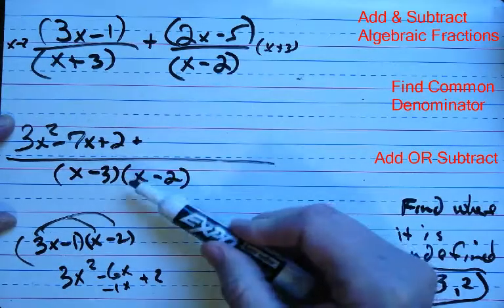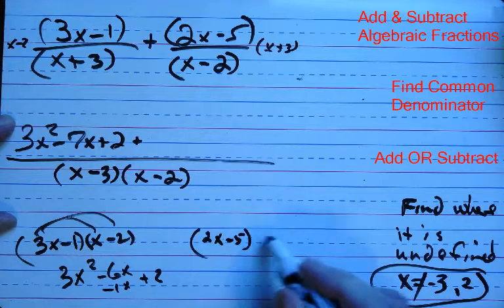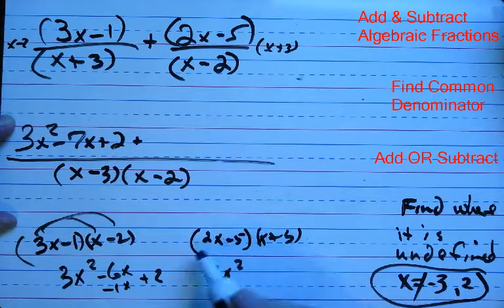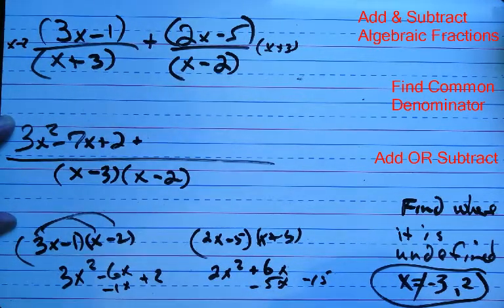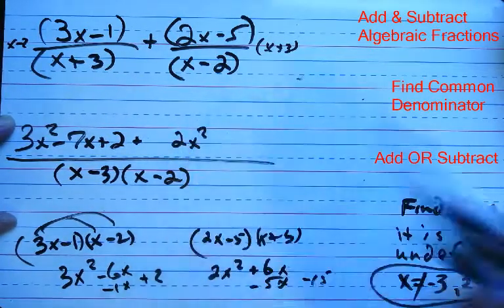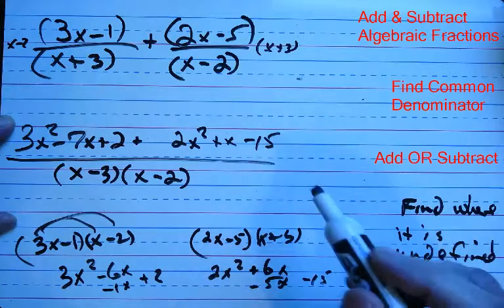Let's do this side. I need to do FOIL down here. So 2x minus 5 and x plus 3, that would be 2x squared plus 6x minus 5x minus 15, right? Well, that makes 2x squared plus x minus 15.